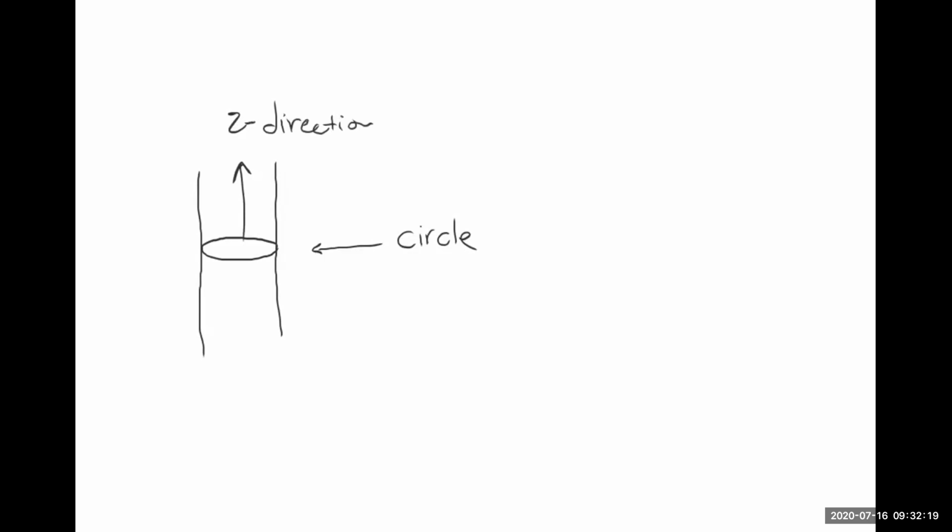There is this circle. And the second thing is a direction, the z direction. This circle is called the generating curve. We can choose another curve and we get another surface.